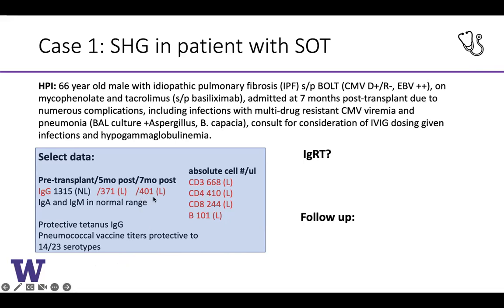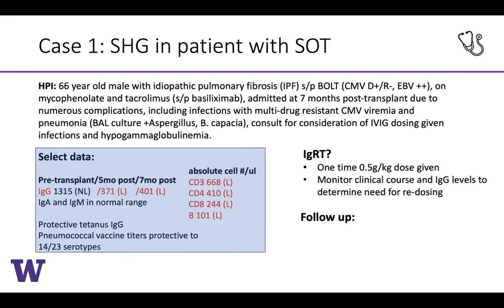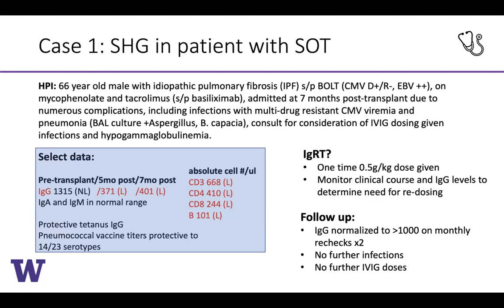For this patient, we did recommend a one-time dose, but also expecting that he will likely improve in terms of his immunoglobulin levels. No scheduled redosing was recommended. In fact, his IgG levels have normalized on subsequent checks, so he did not require ongoing management with IVIG.